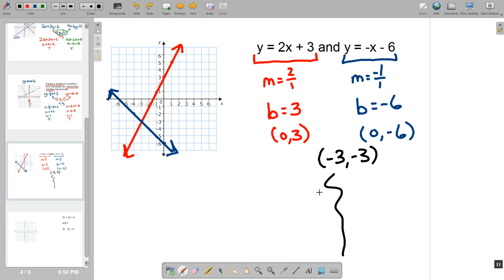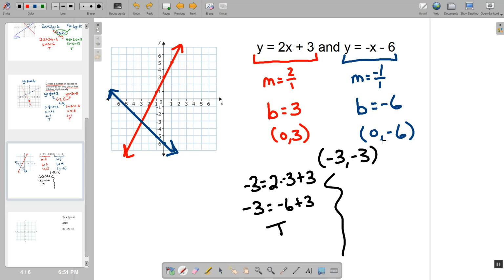So this equation over here, let's go negative 3 equals 2 times negative 3 plus 3. 2 times negative 3 is negative 6. And negative 6 plus 3 is equal to negative 3. So this is a true statement.